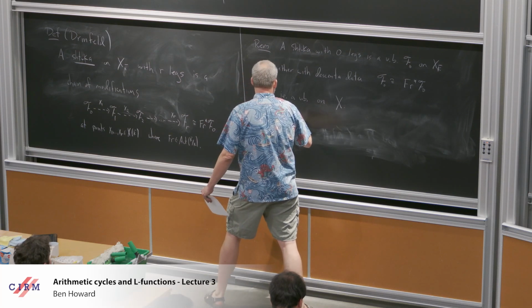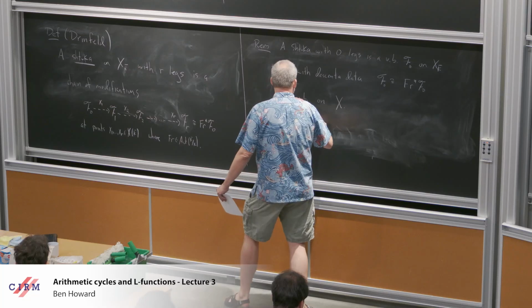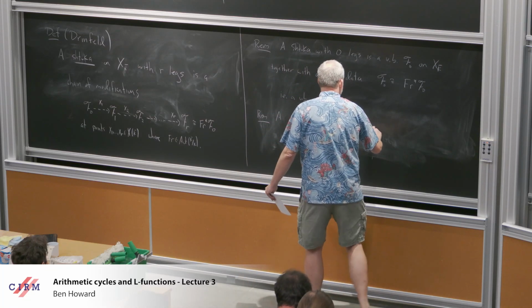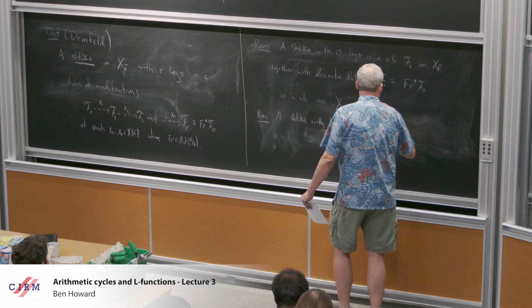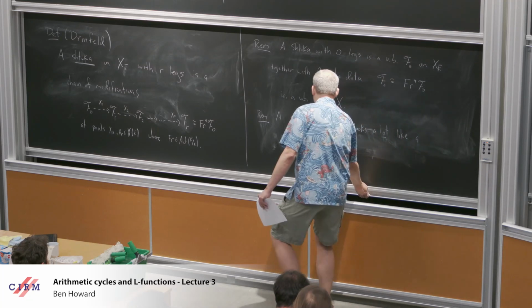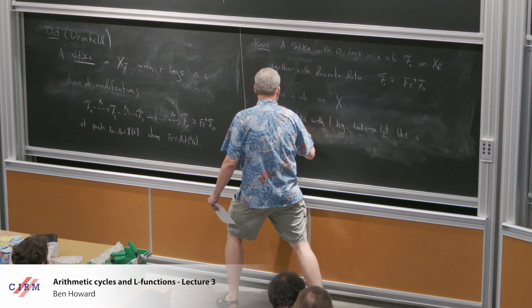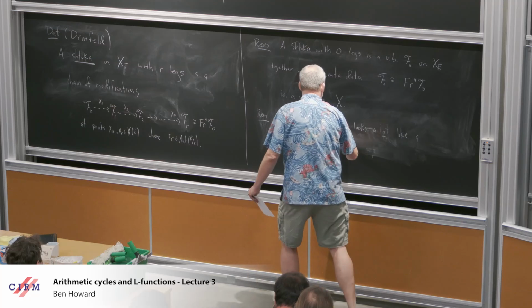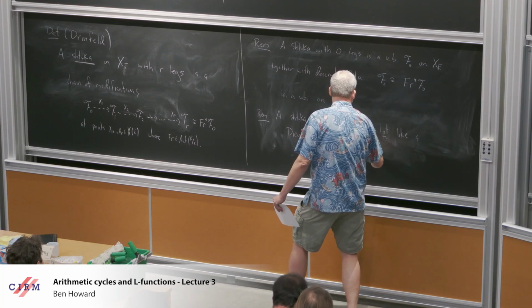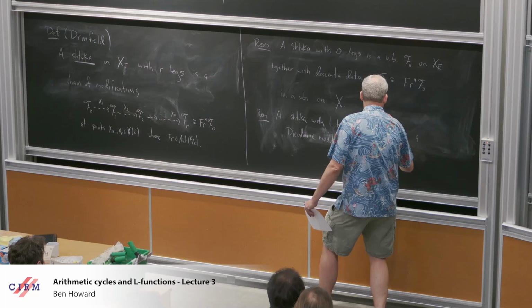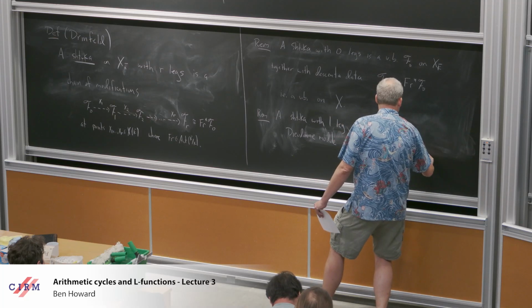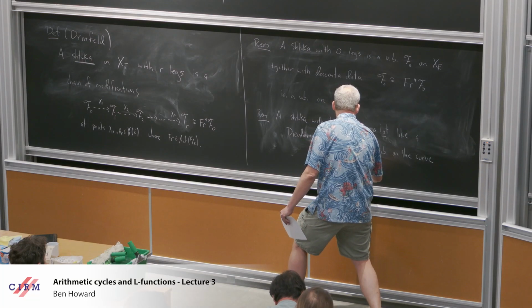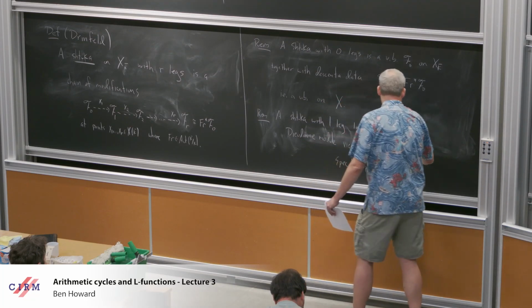A shtuka with one leg looks a lot like a Dieudonné module viewed as a vector bundle on the curve Spec of the ring of Witt vectors of F_p-bar.